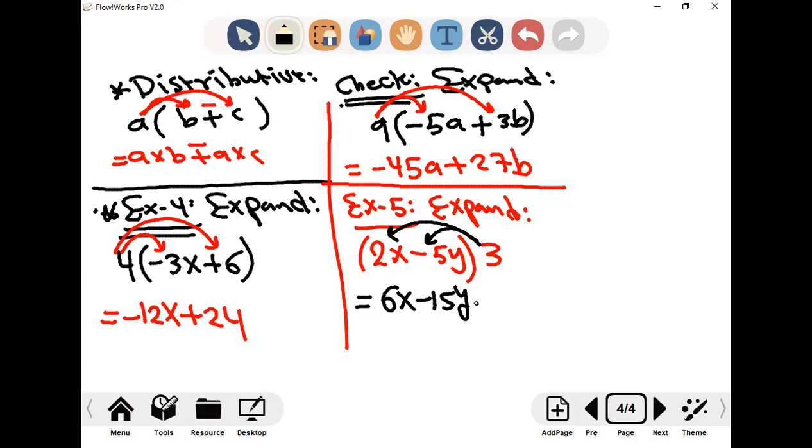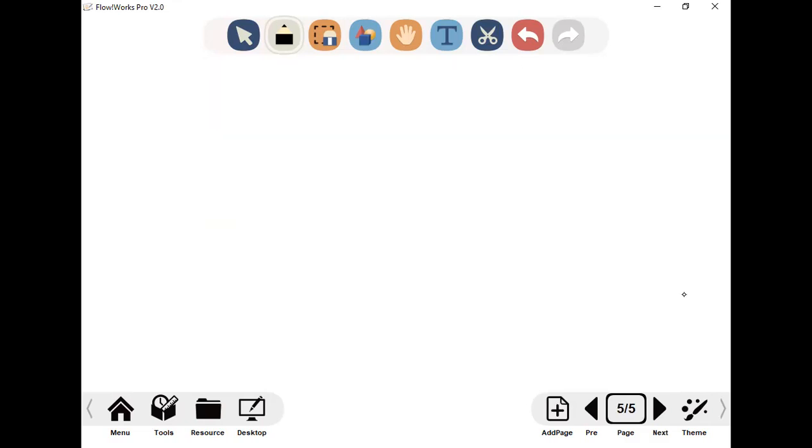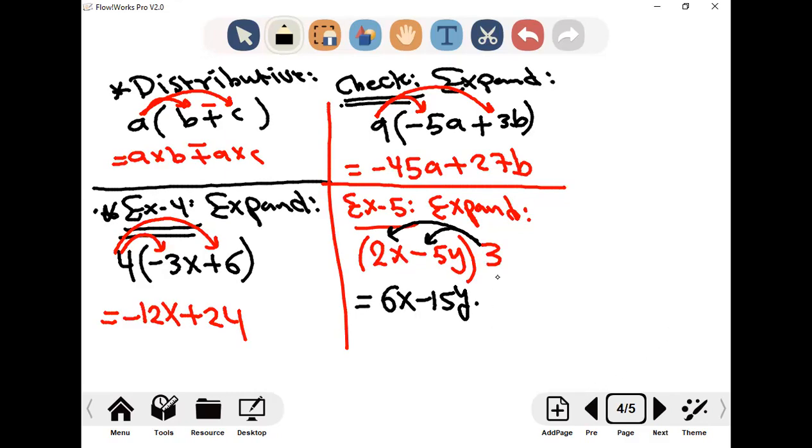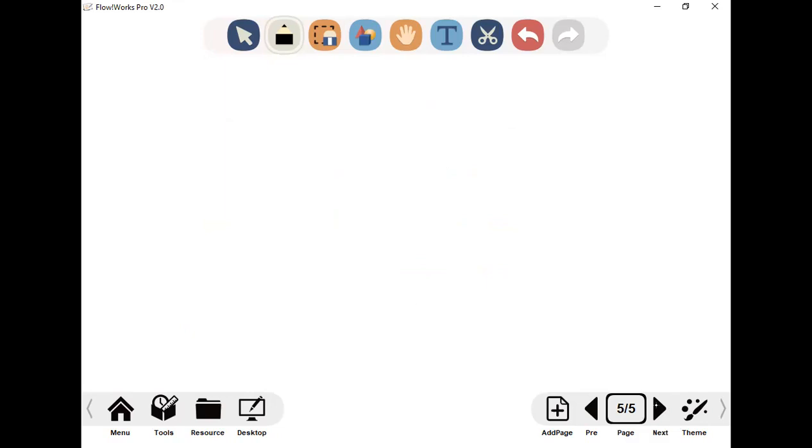Okay. The check after example 5. Where? Wait. Here. 3 multiply 2x. 3 multiply 5y, 15y. But the minus comes down. Right? Let's do the check after example 5.